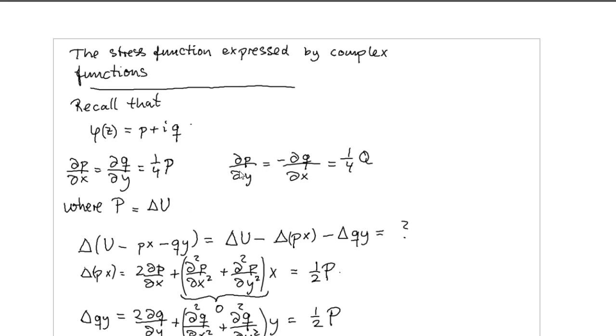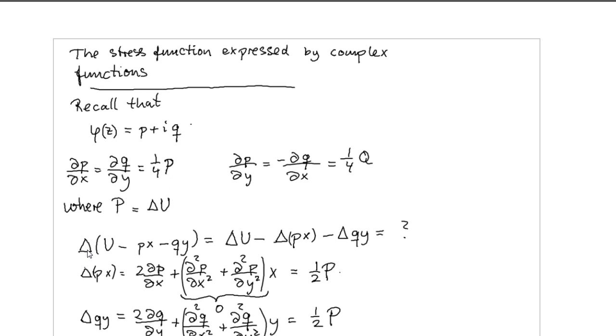The second Cauchy-Riemann equation takes the following form. And this is equal to 1/4 of this q, which is the harmonic conjugate of the p.